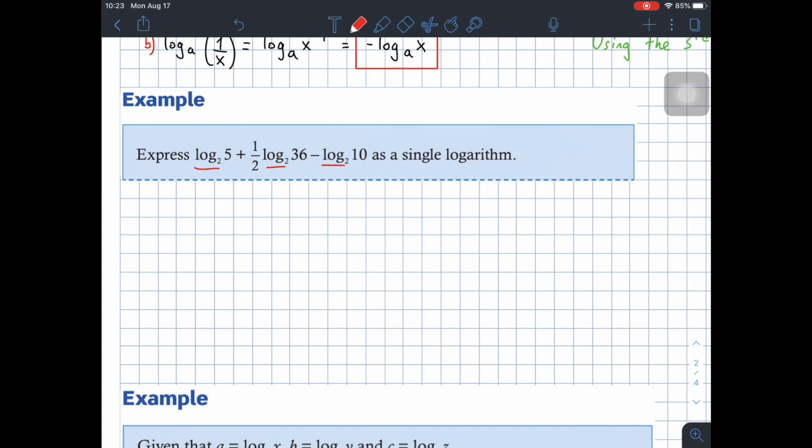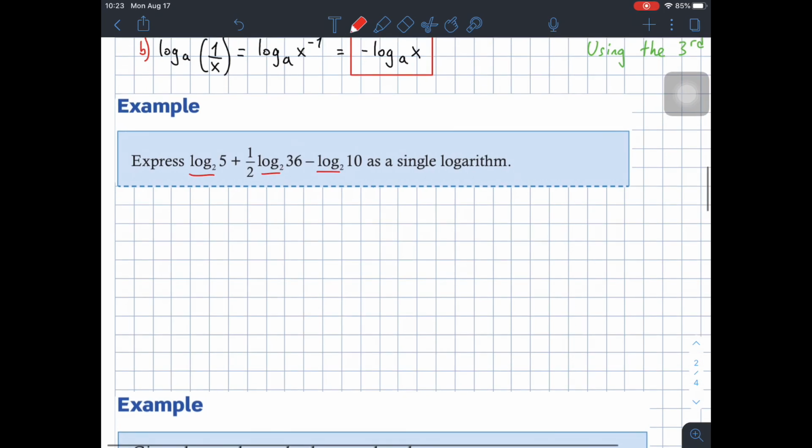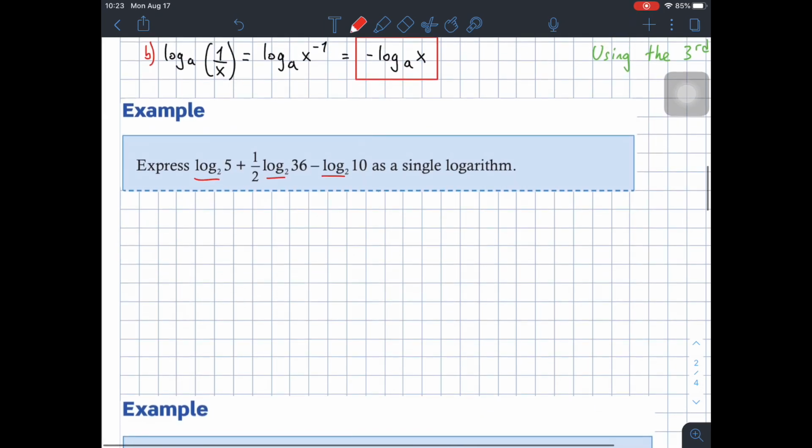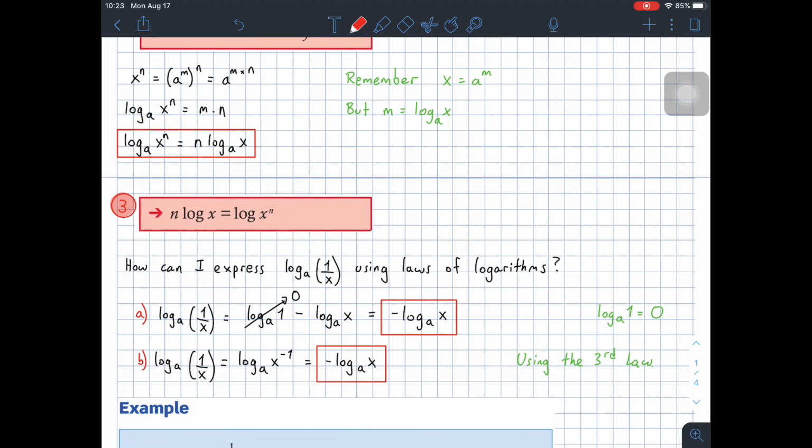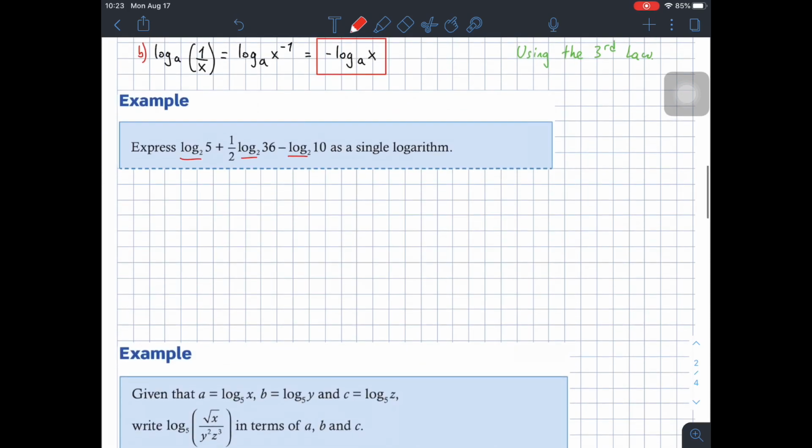So one thing I can do first, if I want to join this, I need to make sure that I don't have any numbers in front of the logarithm. So one thing I can do is first take this and do the inverse of what we were told in this law. If I have a number in front, I can take it up and write it as an exponent inside the argument, right? So that's the first thing I'm going to do.